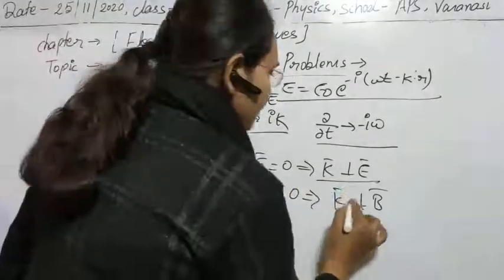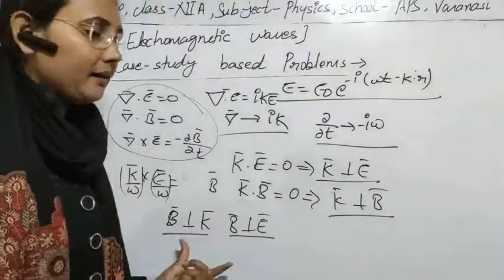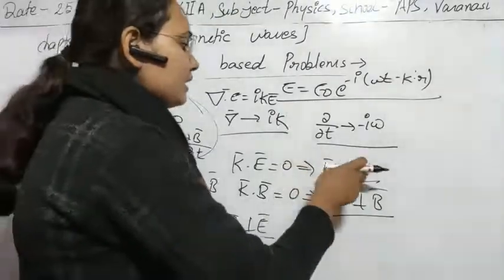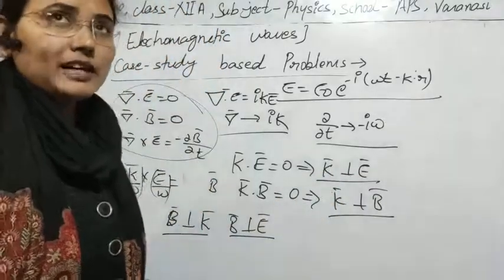So now we have three terms. k represents the direction of propagation of the electromagnetic wave.